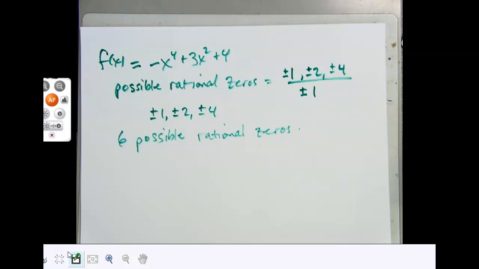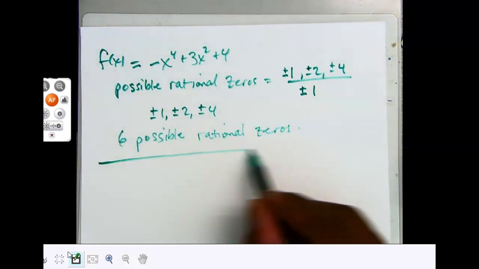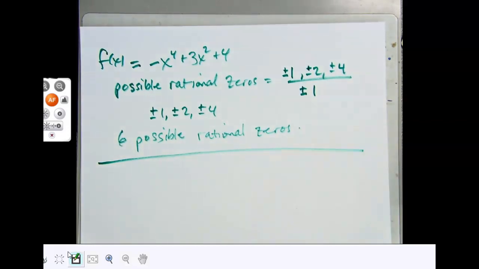All right, so let's take a look at another example. What are all of our possible rational zeros with the following?